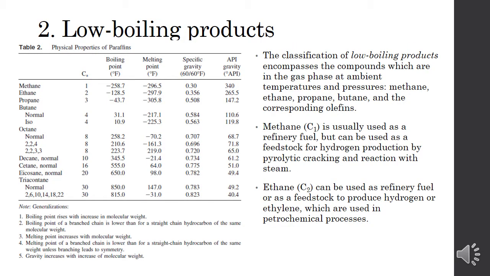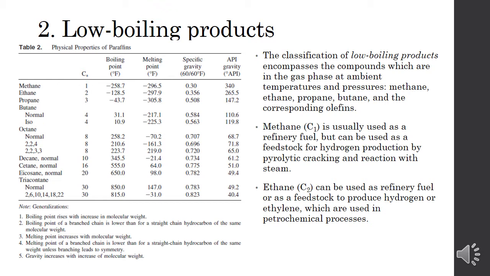The classification of low boiling products encompasses the compounds which are in the gas phase at ambient temperatures and pressures. These compounds are, for example, methane, ethane, propane, butane, and the corresponding olefins.